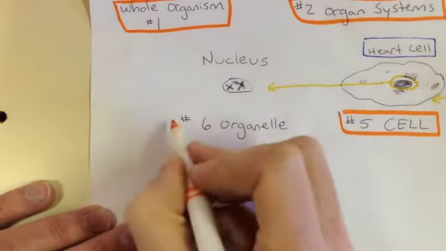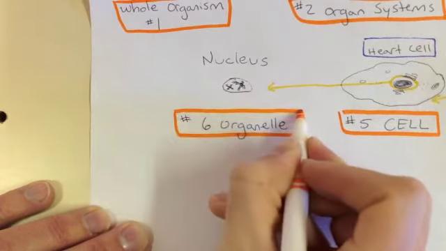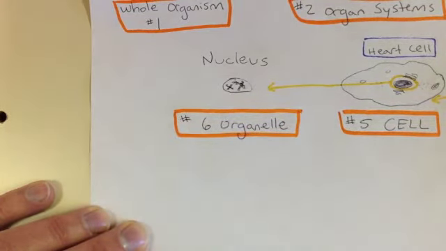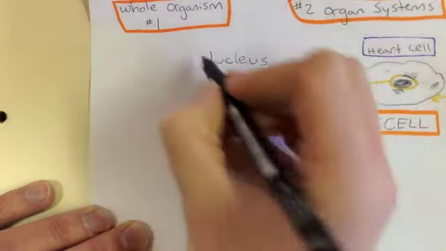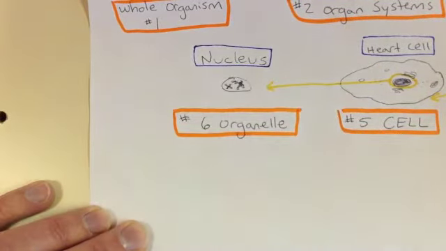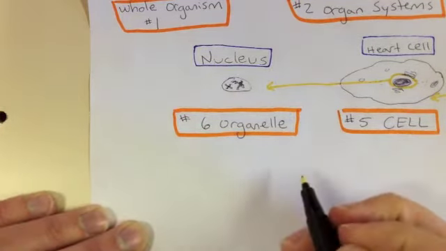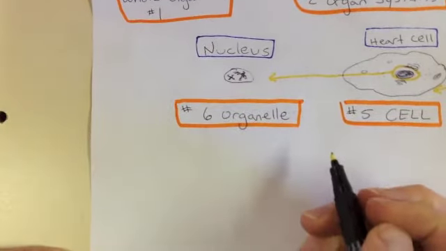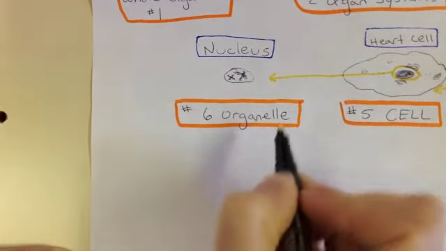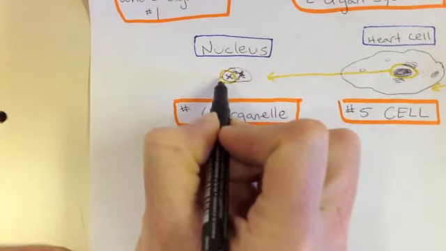So again, our level of organization number 6, we're getting more and more detailed, is the organelle, and our example is the nucleus. So I specifically chose the nucleus because we're going to look at one of the most important levels of organization for organisms, and that is these X-like structures.